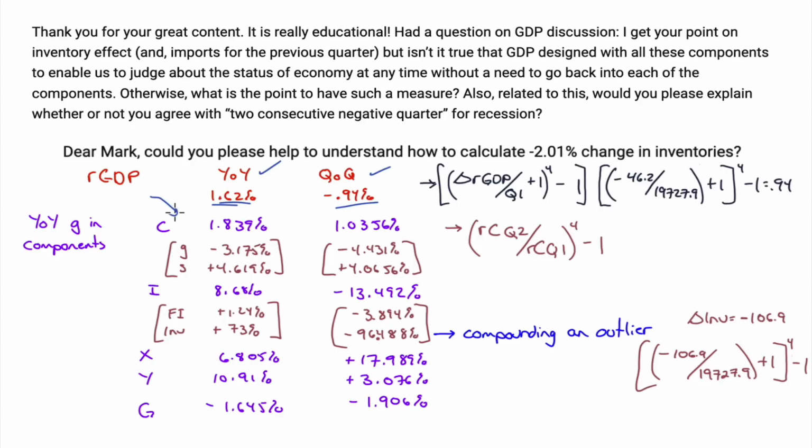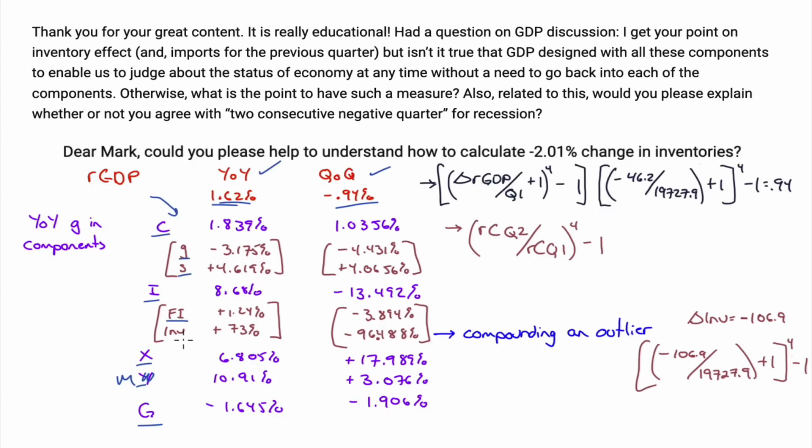Now what I'm doing down here is not attribution analysis. We did attribution analysis on the previous screen where you take the difference in a component and you divide it by the top line number. Here, I've got all the components: consumption, investment, exports, imports (that should be an M, not a Y, sorry), and government spending. For consumption, I'm breaking down to goods and services.